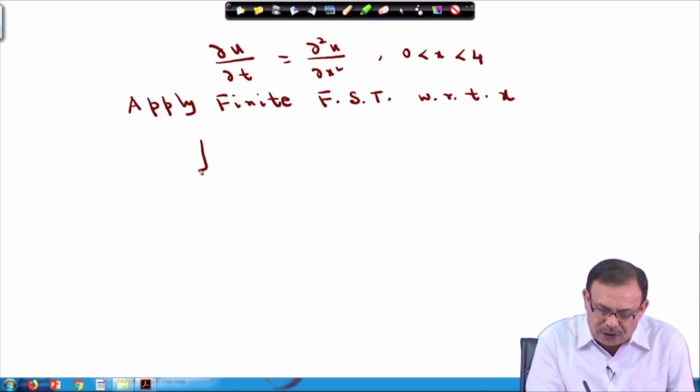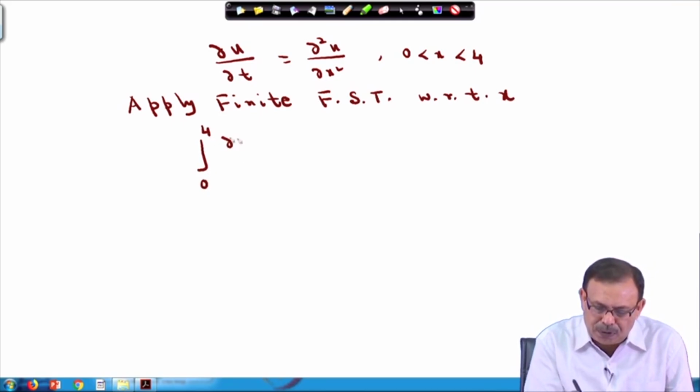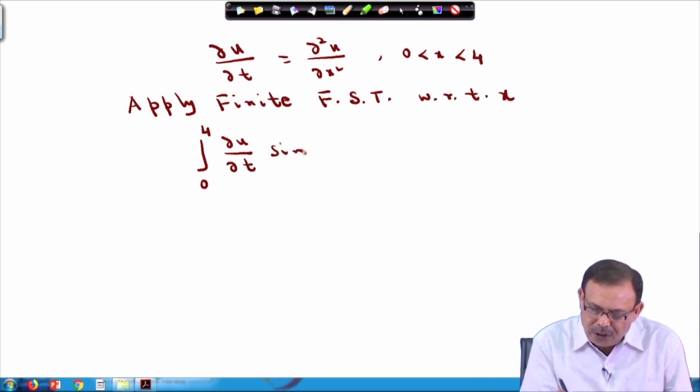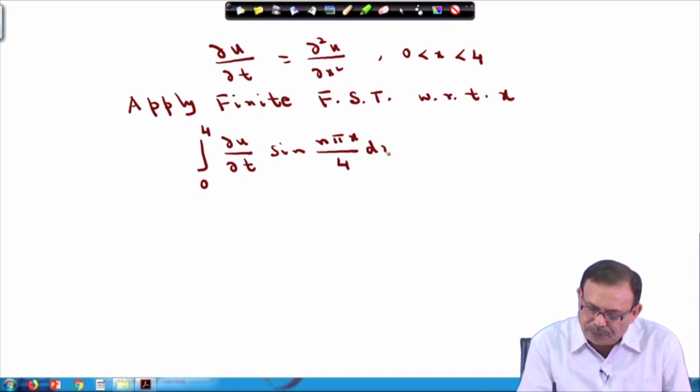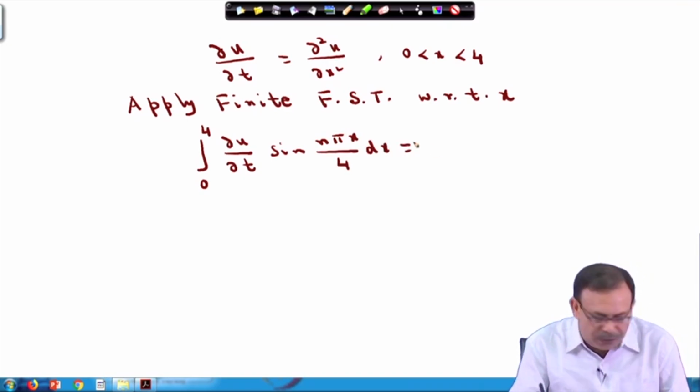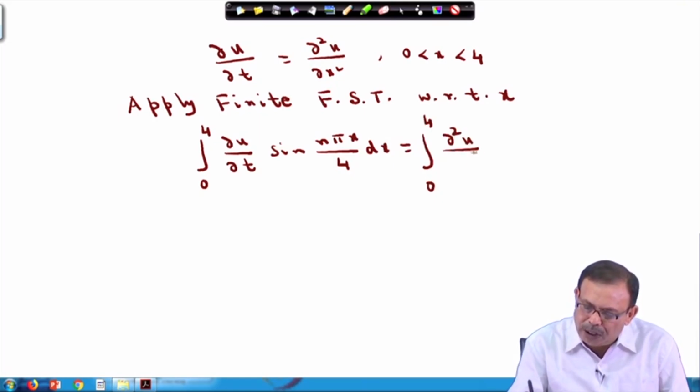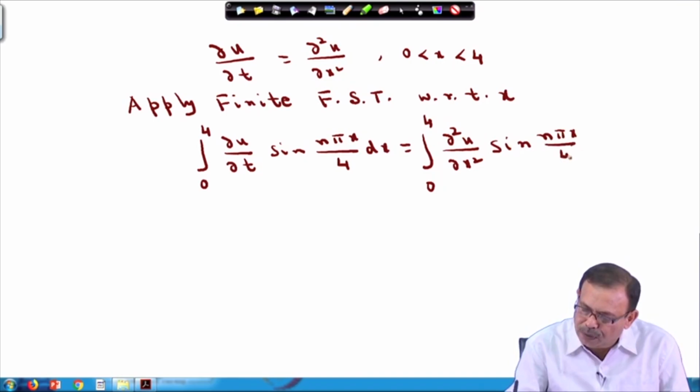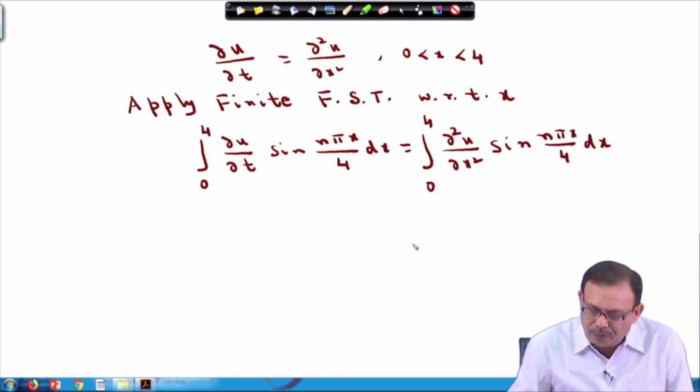So, from the definition, the left hand side will be the integral from 0 to 4, here L is 4, of del u by del t into sin(n pi x by 4) dx, whereas the right side will be the integral from 0 to 4 of del 2 u by del x square into sin(n pi x by 4) dx.